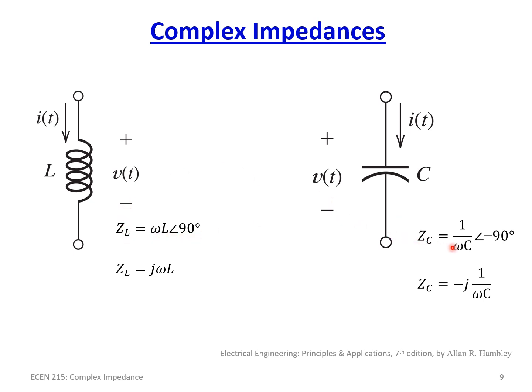The ZC for the capacitor, the impedance of a capacitor, is 1 over omega C at minus 90 degrees, or in rectangular form, its reactance is minus j, 1 over omega C. A good exercise for you is to do the calculus to see that everything works out the same. Do V of t over I of t to get Z, and you will end up with this set of equations here.